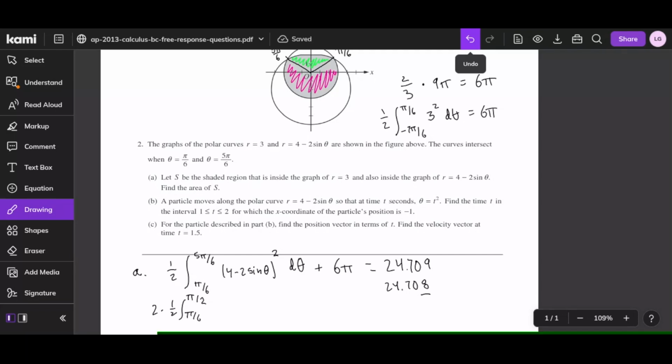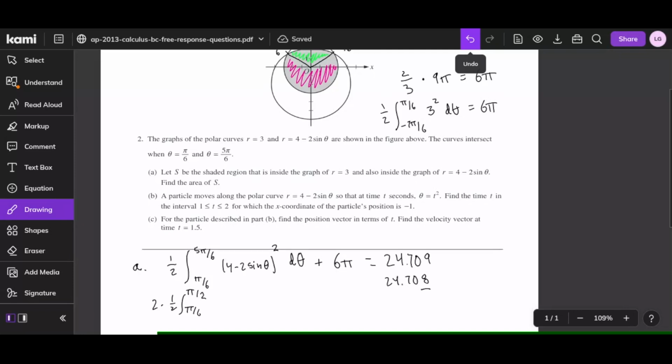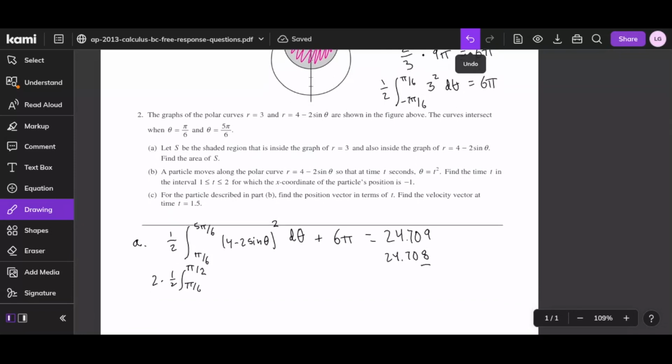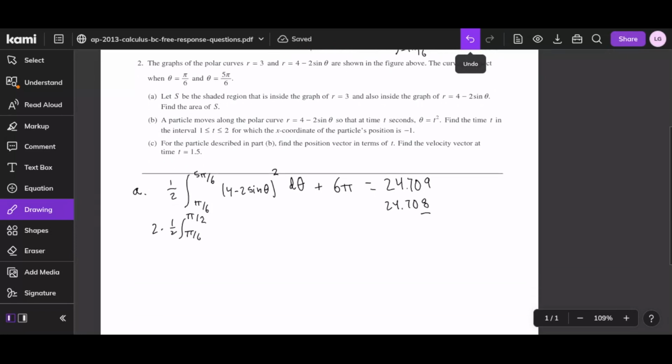For question B, they are looking for the x-coordinate of the particle on r equals 4 minus 2 sine theta. So, as you should know, x is equal to r cosine theta when converting from polar to Cartesian.